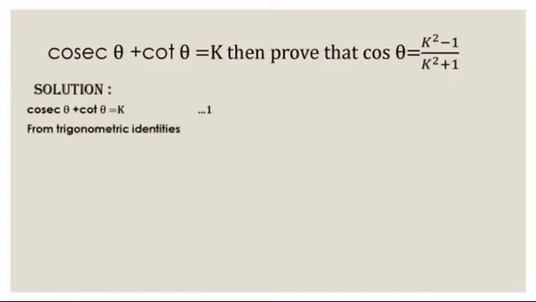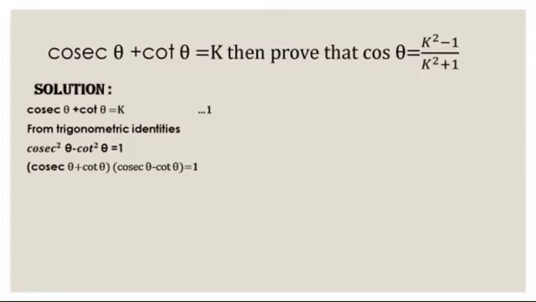From trigonometric identities, cosecant square theta minus cot square theta is equal to 1. This is like a square minus b square. So cosecant theta plus cot theta into cosecant theta minus cot theta is equal to 1.